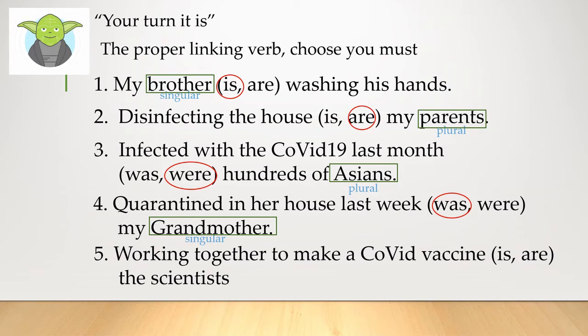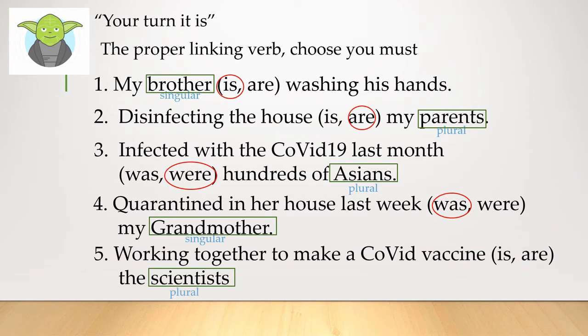And finally, let us go to number 5. Working together to make a COVID vaccine are the scientists. So what is the subject in this sentence? Scientists. And scientists is singular or plural?